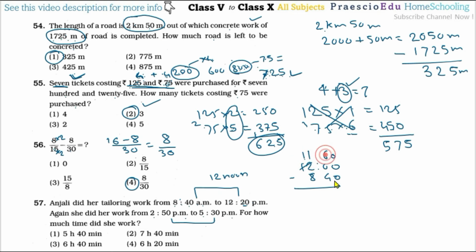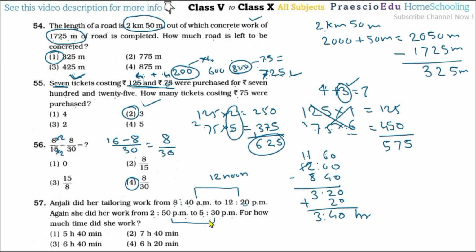So 60 minus 40 is 20, then 11 minus 8 is 3. Then we add the 20 after noon, so 20 plus 20 is 40. So 3 hours and 40 minutes is the time duration of this one.